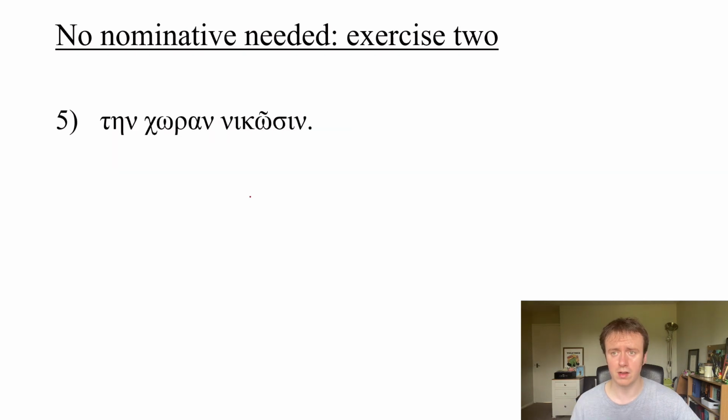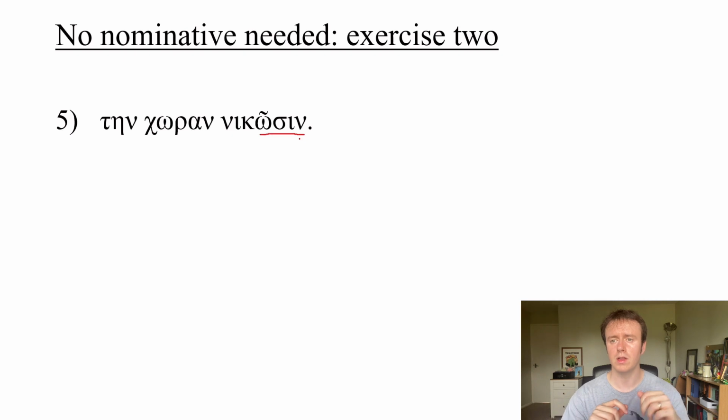Let's finish this exercise with number 5, which is ten koran nikosin. Nikao is the verb to conquer or to defeat. And this ending osin that it has is alpha contracted with ousin. Because alpha plus ou makes o, as you will know if you've learned your table of contraction.